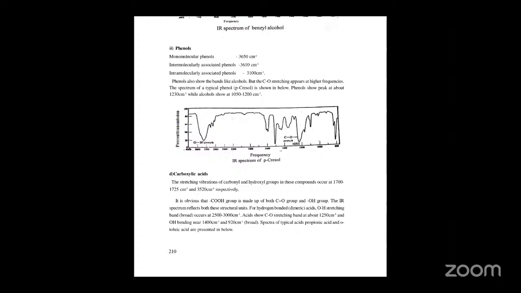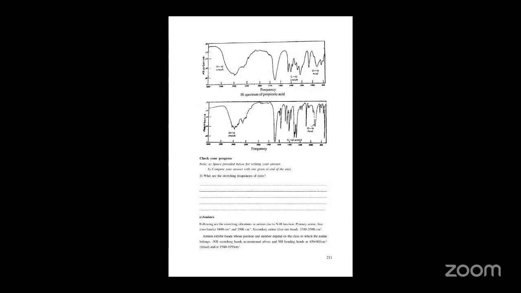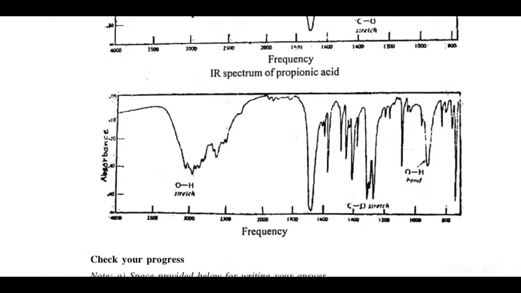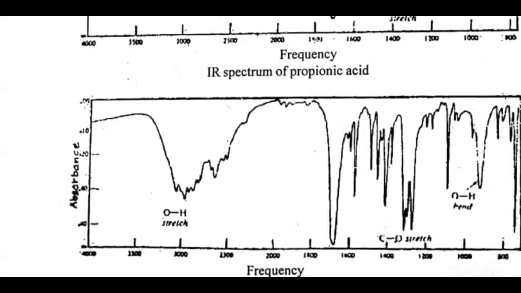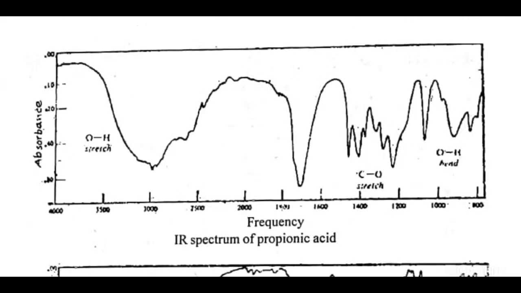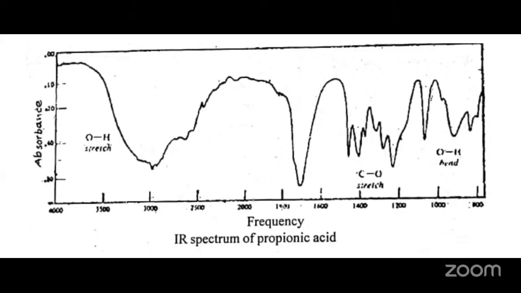Here an example is given. Carboxylic acid, propionic acid is given, right? So here in propionic acid, the OH stretching frequency is observed at 3400 somewhere here, right?